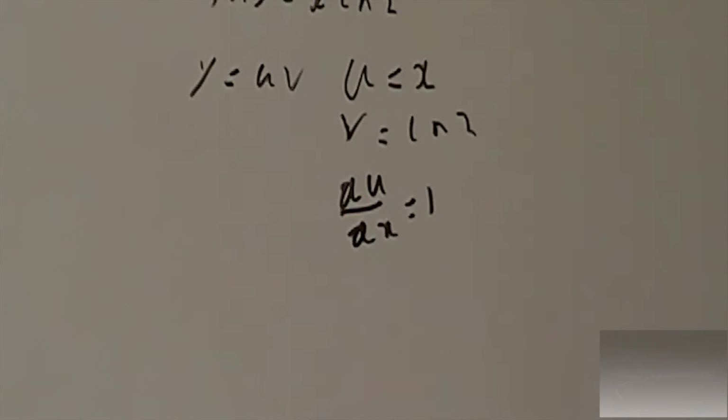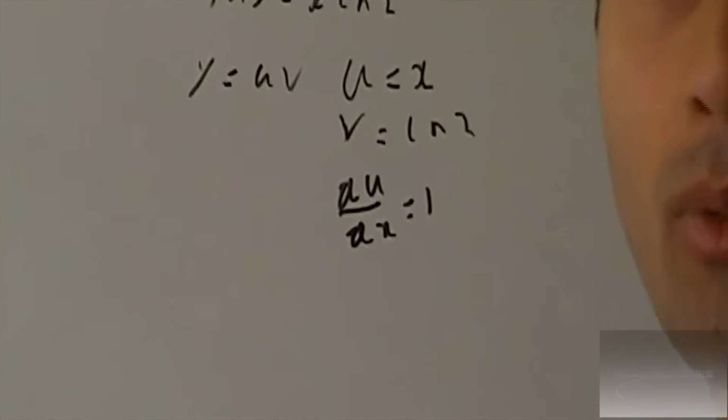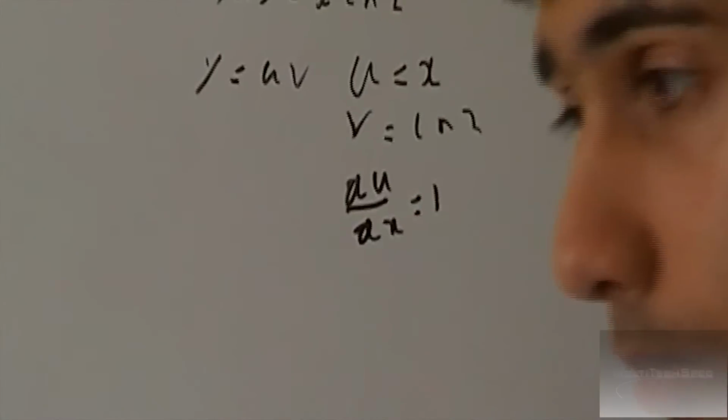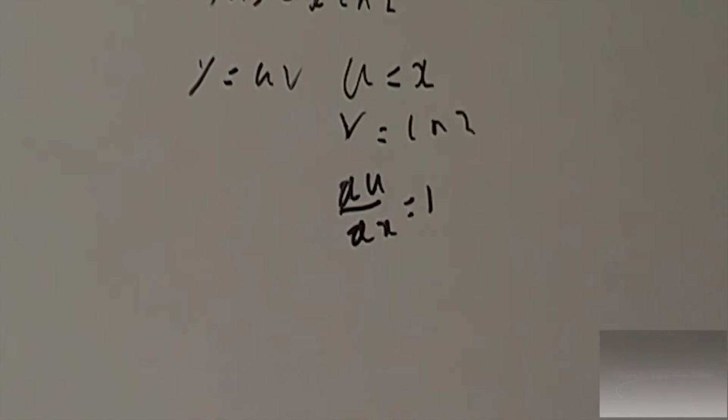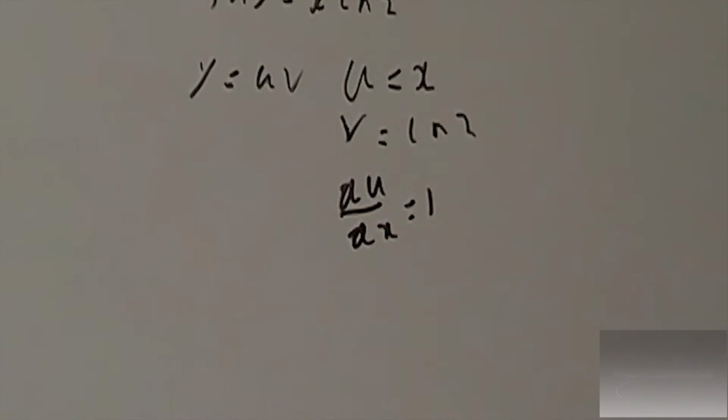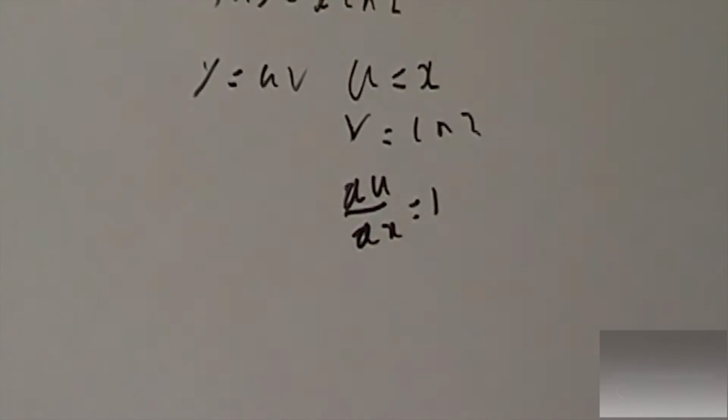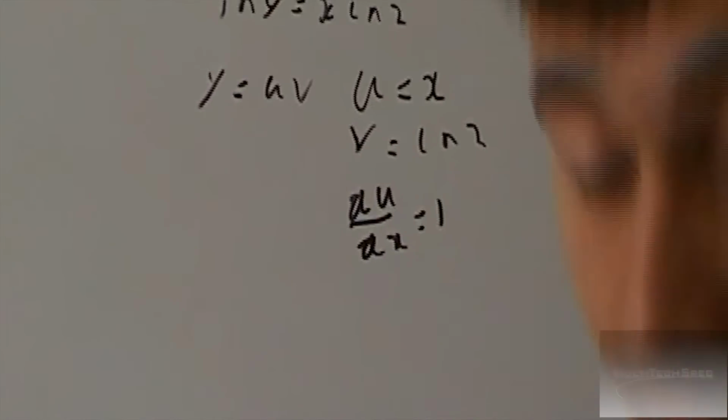Well, we have come across this before, where ln 1 is 0, ln 2 is equal to a value. So ln 2, if I type that into a calculator, is equal to that.